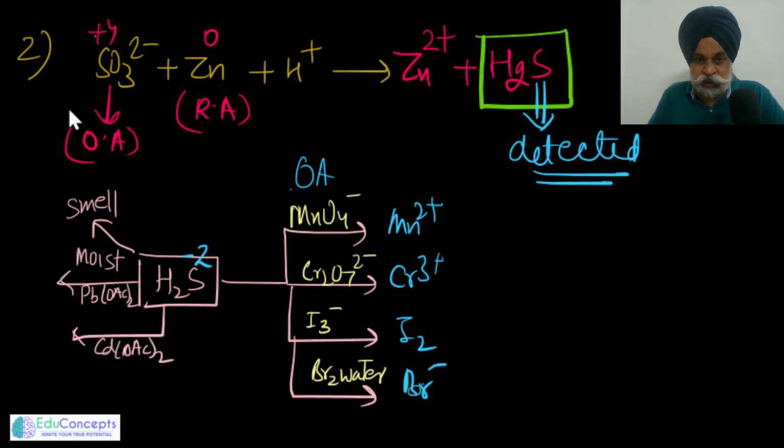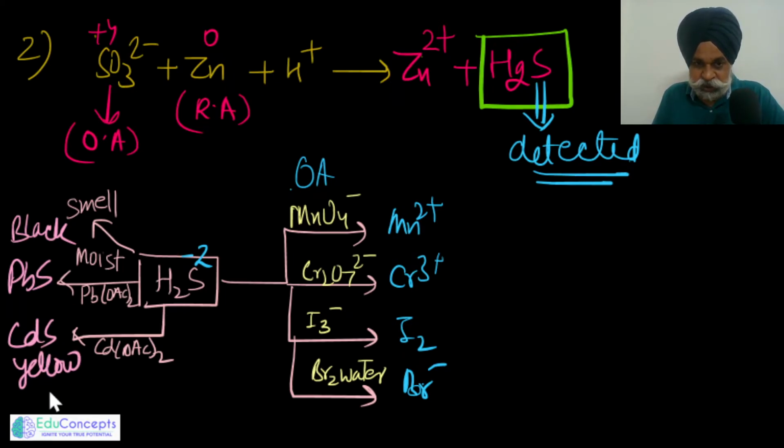As I said, H2S can be detected from the smell, rotten egg smell, or if moist lead acetate is treated with H2S, it would give you PbS, which is a black precipitate, or cadmium acetate gives CdS, which is a yellow precipitate. So H2S, or sulfide ion, can also be detected by lead acetate or cadmium acetate.